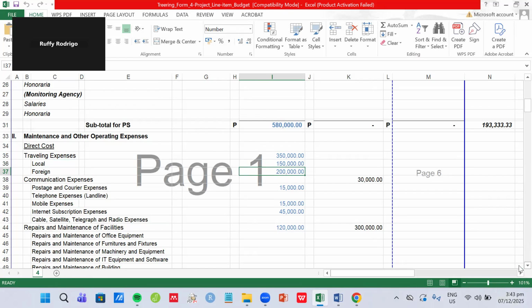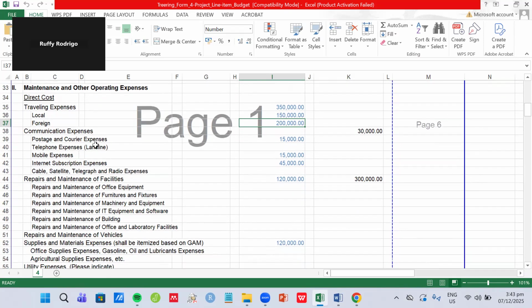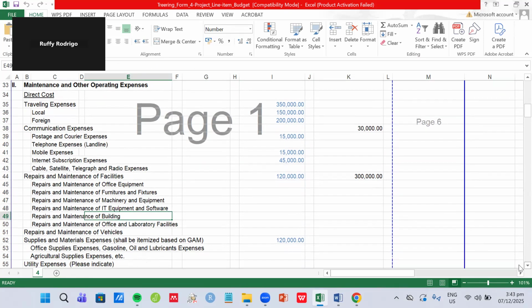Then the expenses for postage, courier, mobile expenses, internet, because you have to pay for that. So basically you have to check and really fill in what you need here.